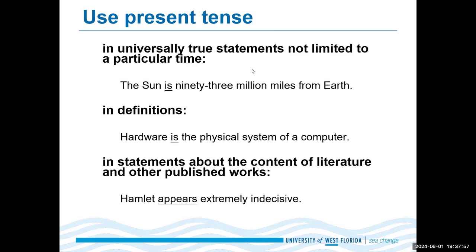So, Hamlet appears extremely indecisive. May it be true or not, since we may not really get the universal truth about literature because there are versions of it that only the author can state, since we're using this sentence as a statement about the content of literature and other published work, that's in the present form of the verb.